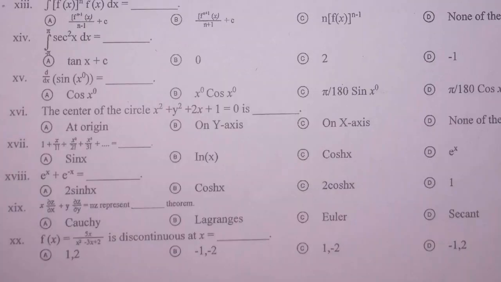If f of x is equal to 5x divided by x square minus 3x plus 2, it is discontinuous at what?